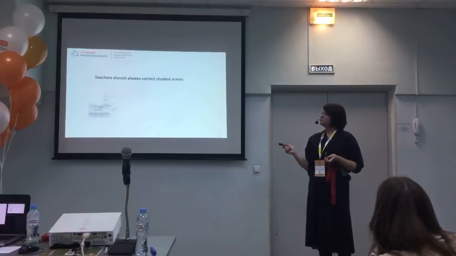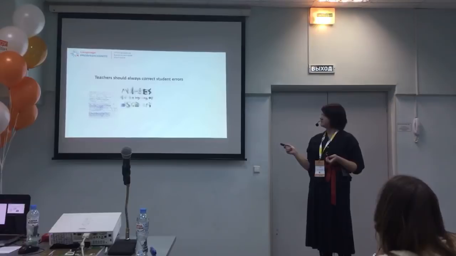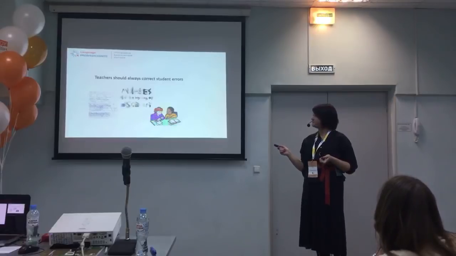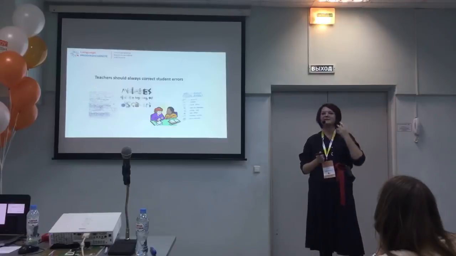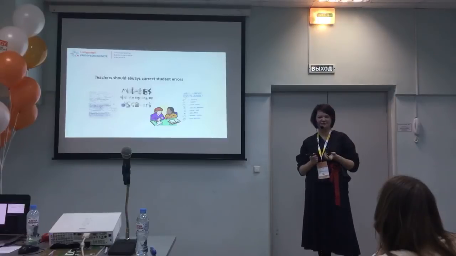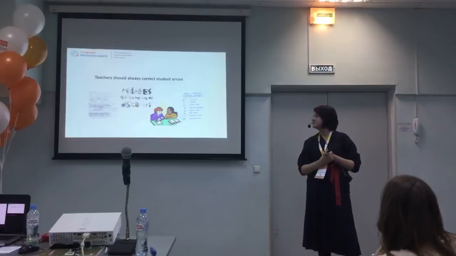Well, one more delusion is that we should always correct students' errors, right? And this question of student error correction is really an issue, right? So from school, this red pen and a lot of minuses and a lot of ticks and everything, I myself get demotivated and I receive a lot of criticism.